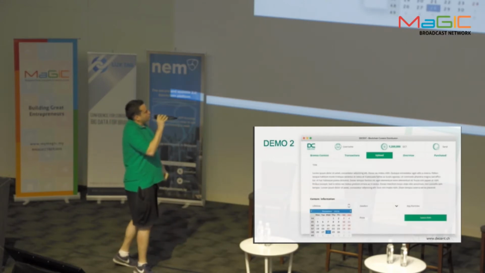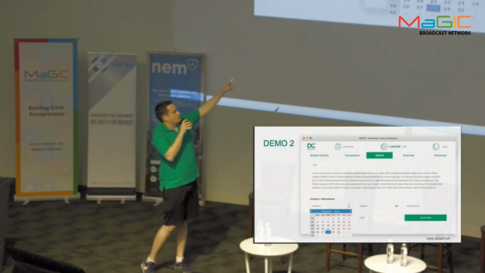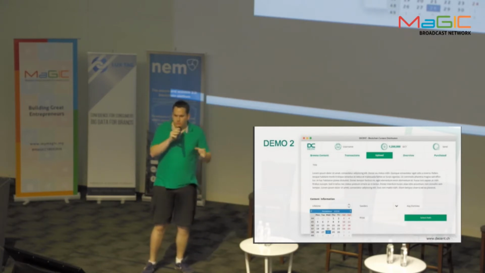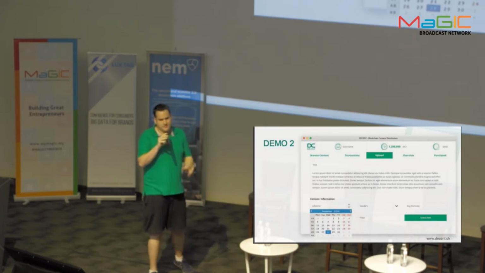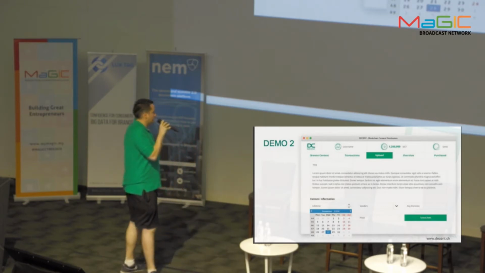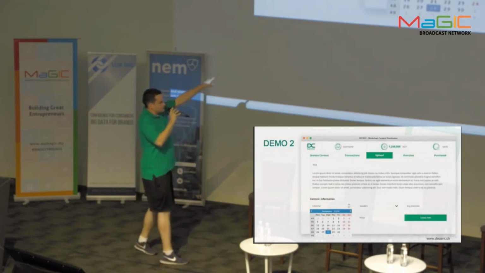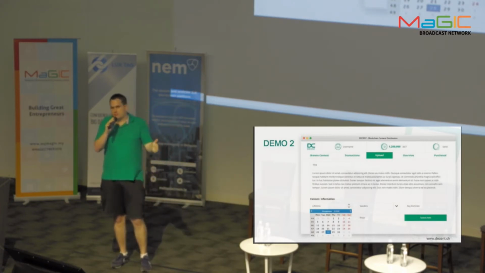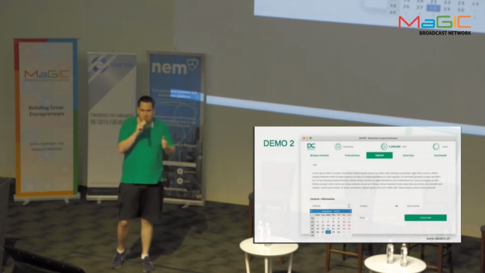This is the publishing interface. If I'm an author, I upload some content, then I choose the number of seeders. This is basically a redundancy, how safe or available I want the data to be. This is the lifetime of the smart contract and the publishing. There is a small fee for publishing any content based on the duration of the publishing and the size of the content.